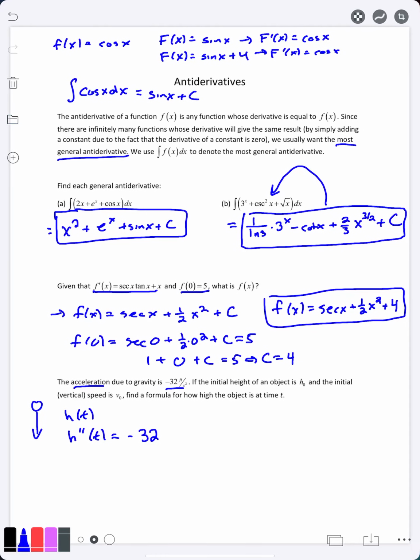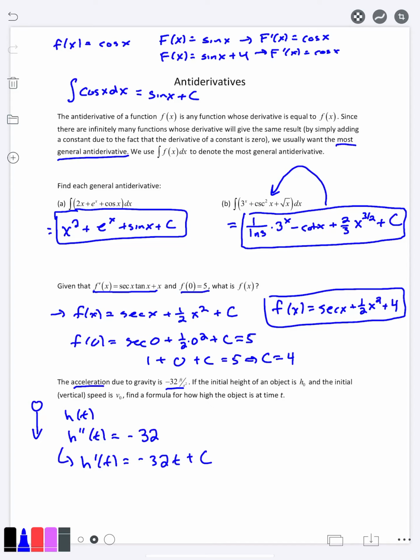So then what we could do is reverse this. We could say, well, if that's the second derivative, if I find the antiderivative, I'd find the first derivative. So we ask ourselves, what function has a derivative of -32? Well, that would be the function -32t plus some constant here.